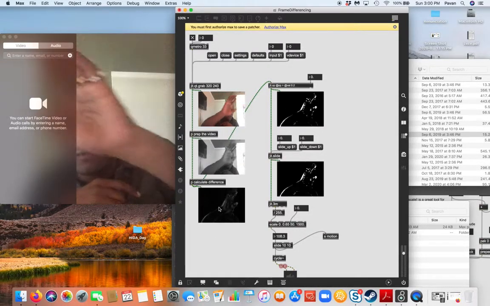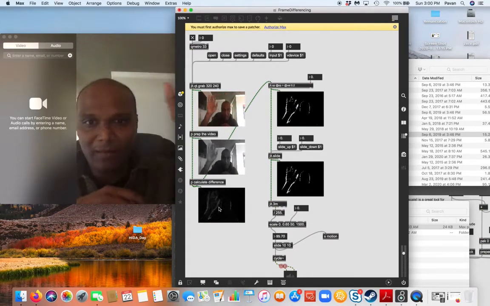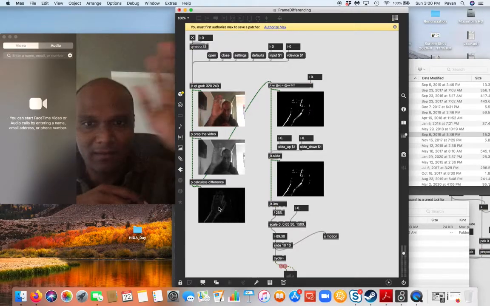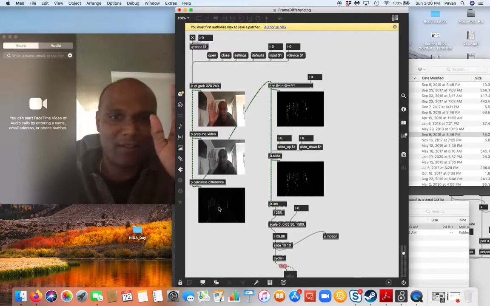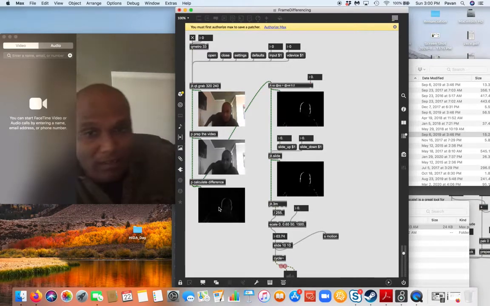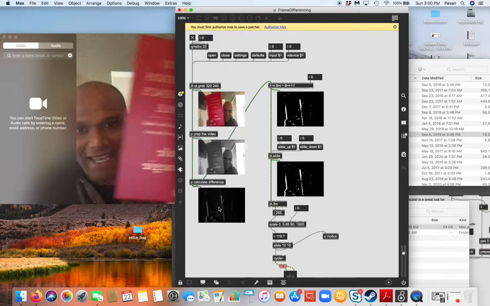So when I move around, okay, you will see some outlines shifting, right? And typically these outlines are around the edges of objects that move. So even if I take a book and I make the book move, it's typically strong edges that show up.